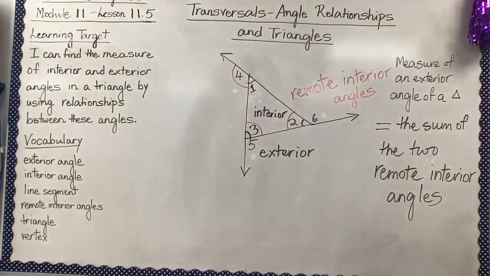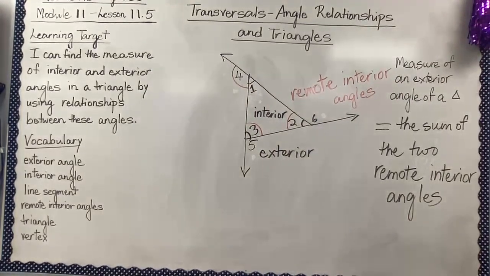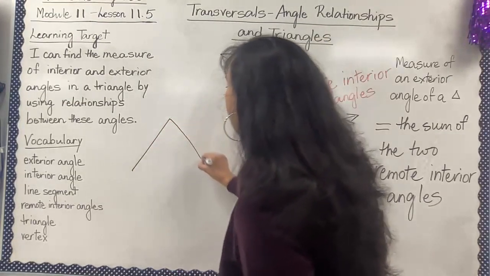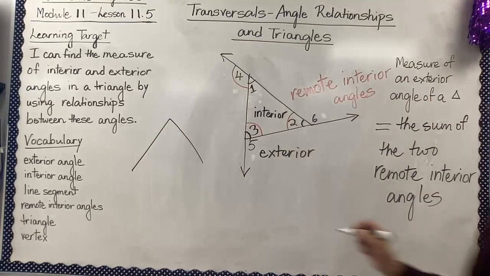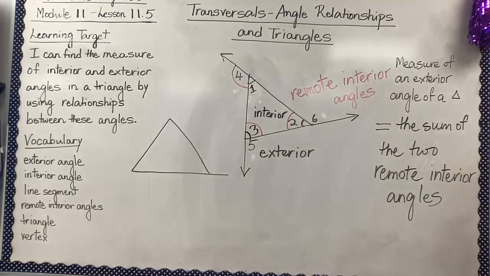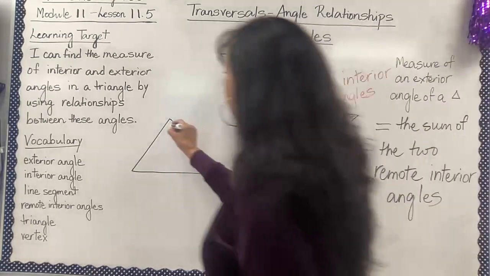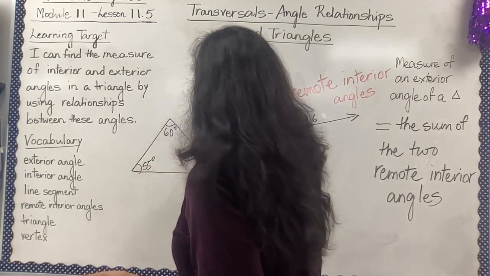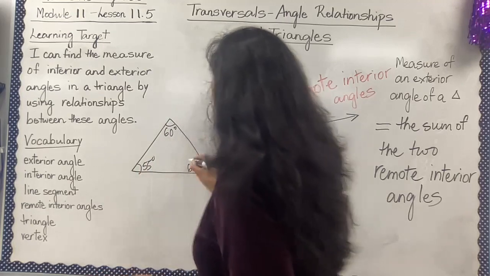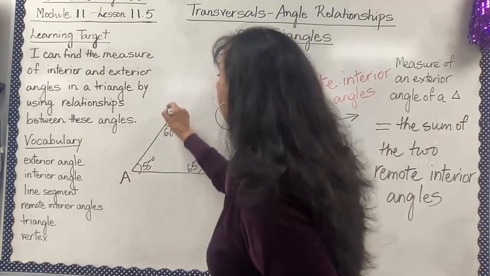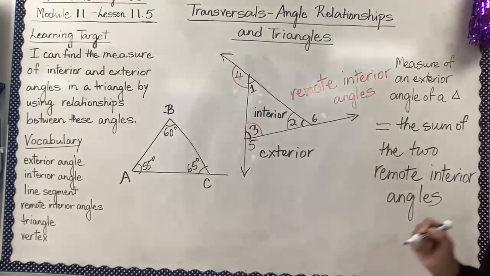So let's talk about a quick question, and I am going to go ahead and draw another triangle. Okay, let's draw it like this. I'm just going to make this like this, okay? And I'm going to say this is 60 degrees, this is 55 degrees, and this is 65 degrees, okay? And then this is angle A, angle B, angle C, okay?